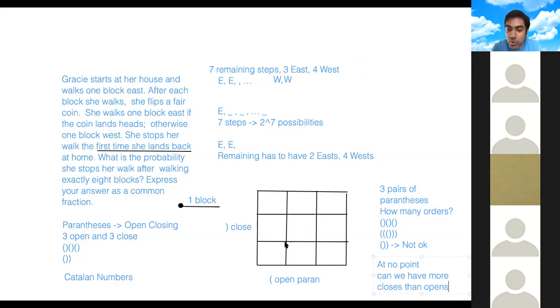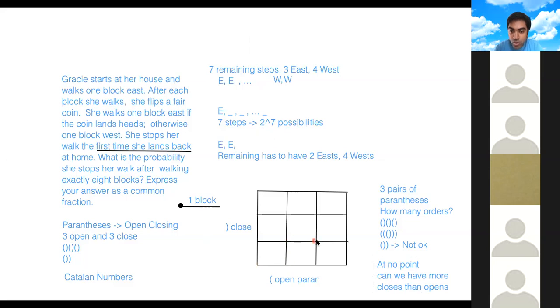What does that correspond to in this grid? What is the restriction in paths that is equivalent to this? At no point can we have more closes than opens. Any ideas? Let's look at some of the paths that work.